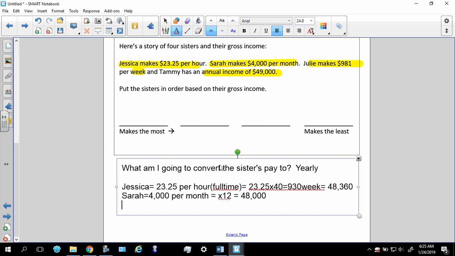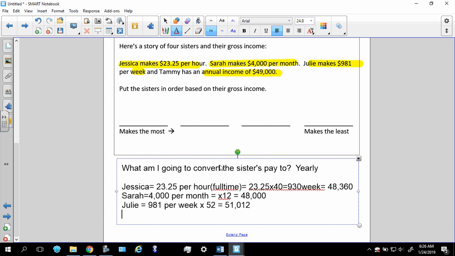After that, Julie, well, she makes $981 per week, and I'm going to times that by 52 because that's how you convert it to yearly. 51,012. And then lastly, Tammy, what makes Tammy easy is because they already give it to her. She makes 49,000.